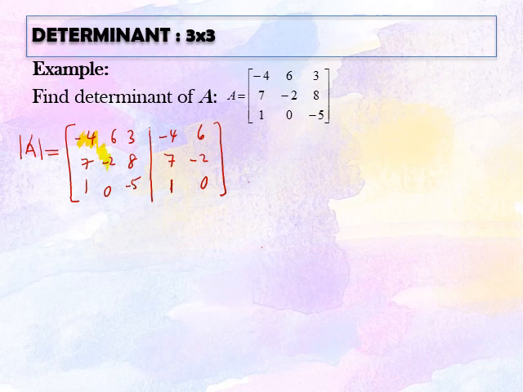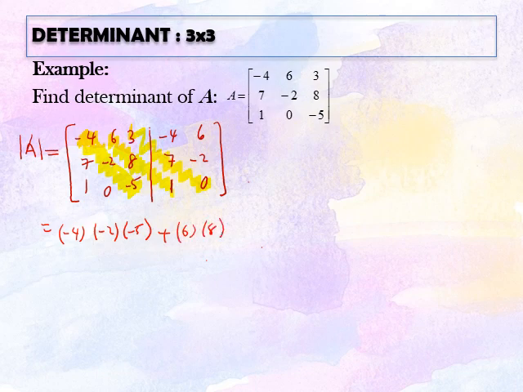So this one times plus this one plus this one. So the determinant of A is equal to -4 times -2 times -5, plus 6 times 8 times 1, plus 3 times 7 times 0.